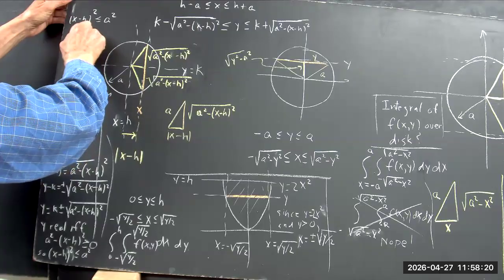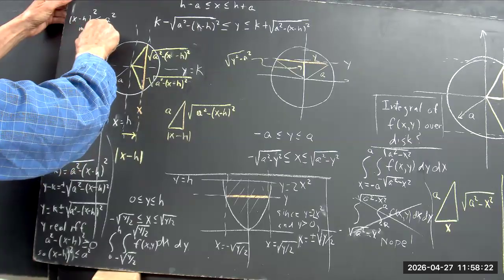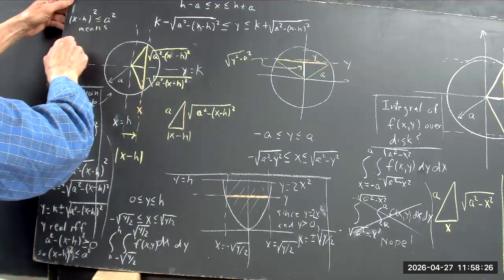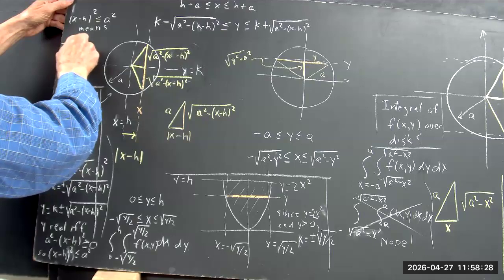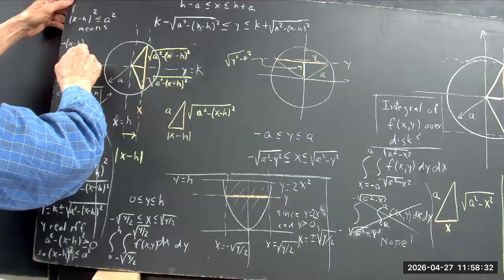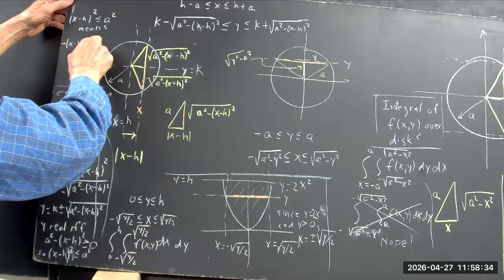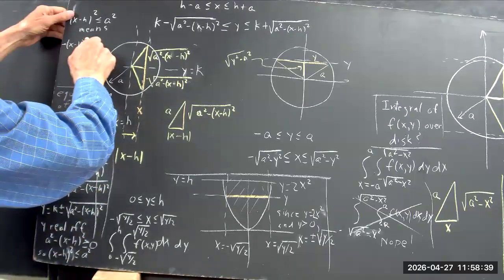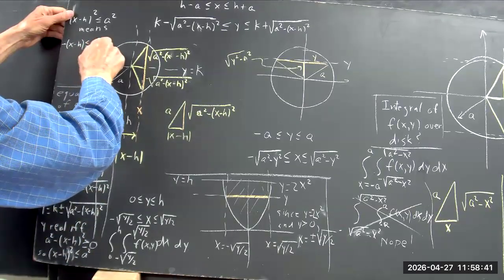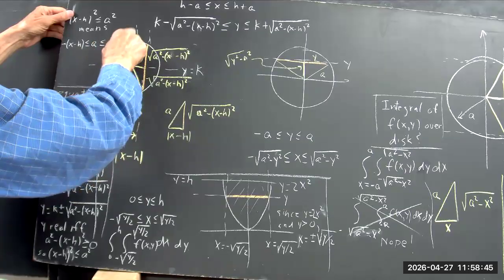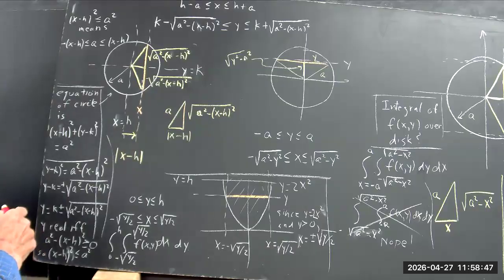Means negative x minus h is less than or equal to a, which is less than or equal to x minus h.